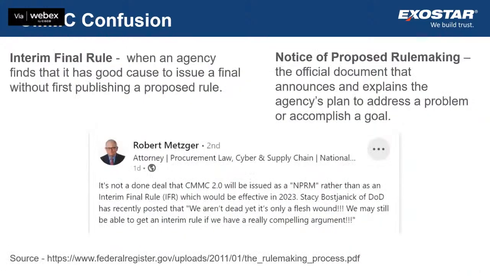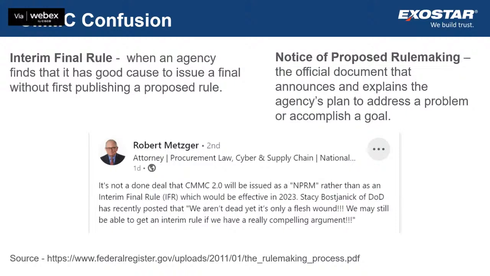So the main reason we've been having some confusion about when CMMC will actually be put into effect is because of the different kinds of outputs, if you will, that will come from the rulemaking body once the CMMC rule is requested, right? There are kind of two designations for that. One of those is an interim final rule.